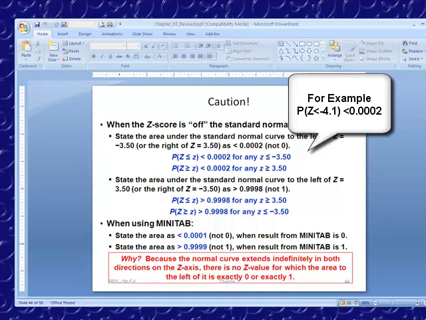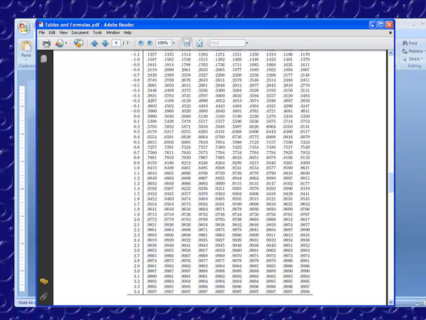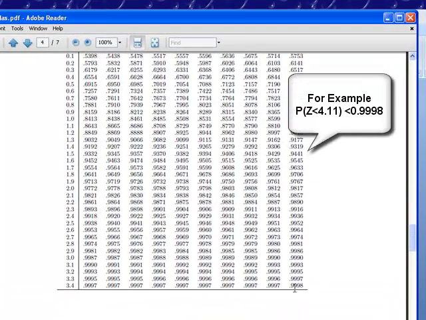And we saw on our chart that the smallest number we have is negative 3.49. So for any number smaller than that, we're just going to say that the probability is less than this number that we see right here, 0.0002. Now, if we're talking about the probability less than 3.49, we would use this number, 0.9998.